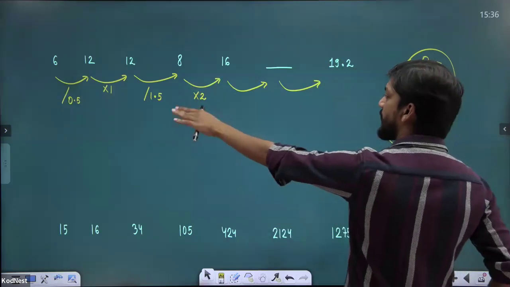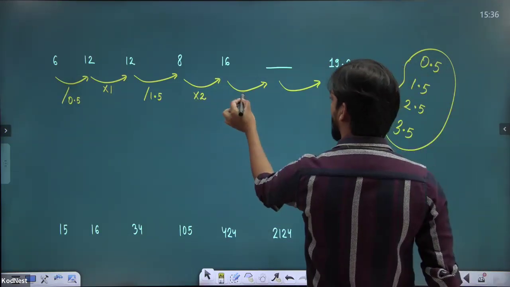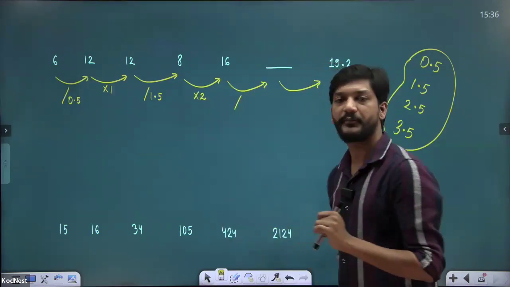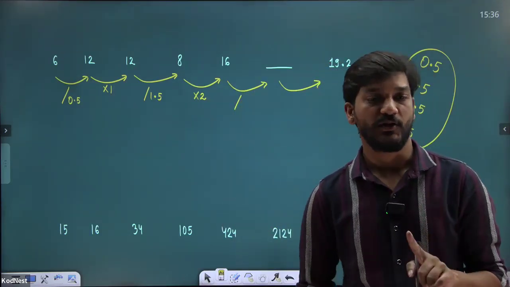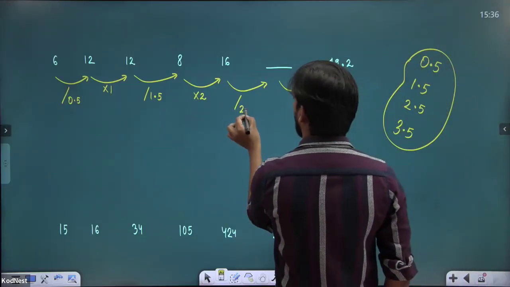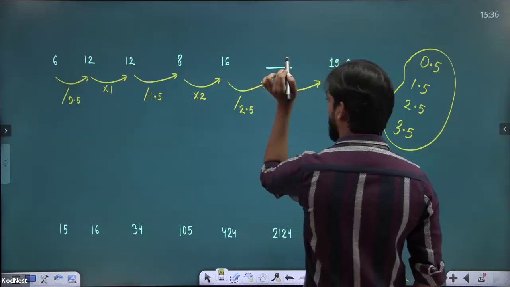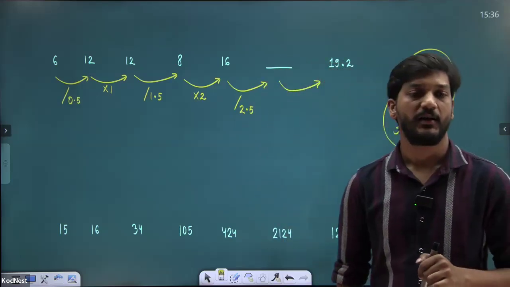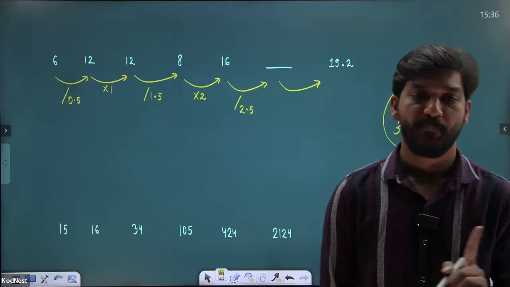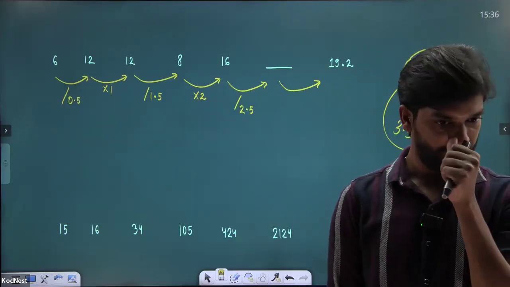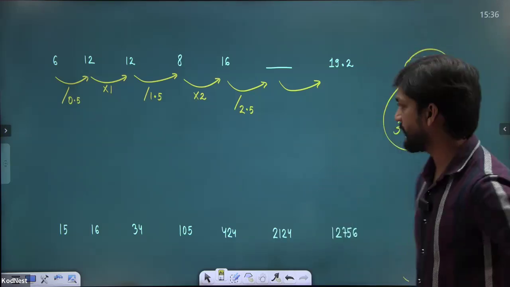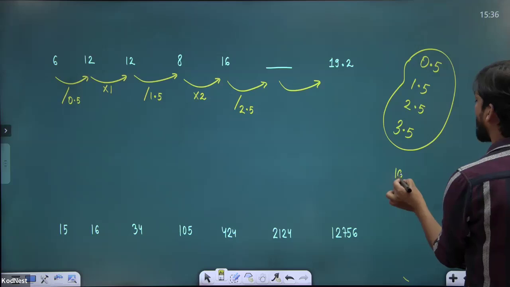So divide, multiply, divide, multiply. So next will be divide. And divide by what? Please answer. Divide by how much? 2.5. Okay. When you divide by 2.5, what will you get? Not multiply. Divide. 16 divided by 2.5.